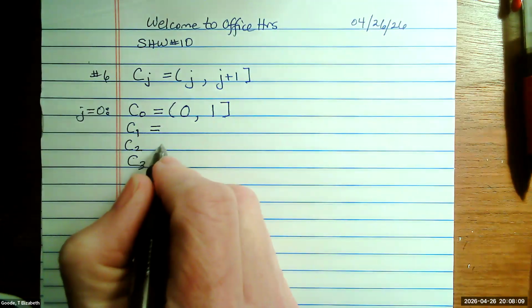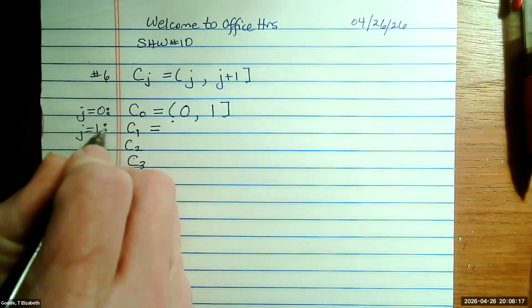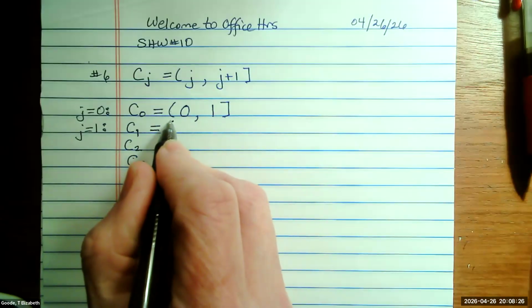So what is C1 going to be? You tell me what to write. Well, since j is now 1, it would be 1 and 2. Well, tell me about the delimiters. What am I going to put outside? I'm going to put a soft bracket first, and then the 1, and comma 2, and end with a hard bracket.